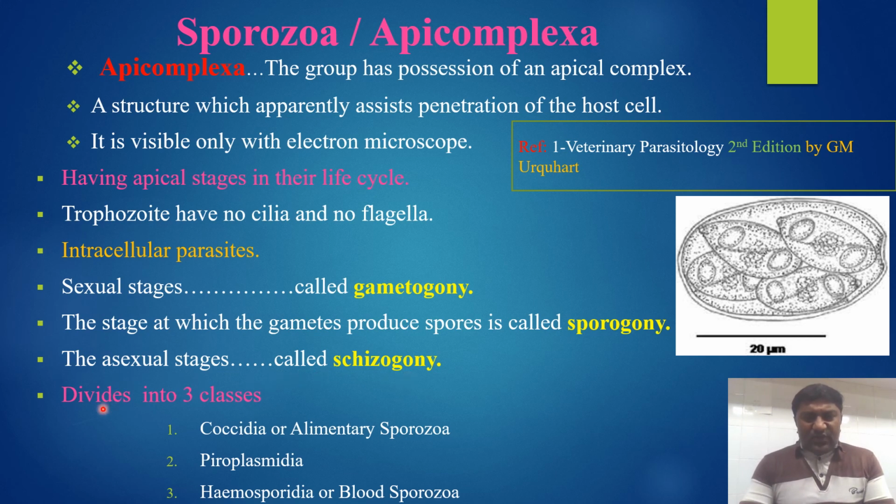And it is divided into three main classes: coccidia or elementary sporozoa, piroplasmida, and haemosporidia or blood sporozoa.